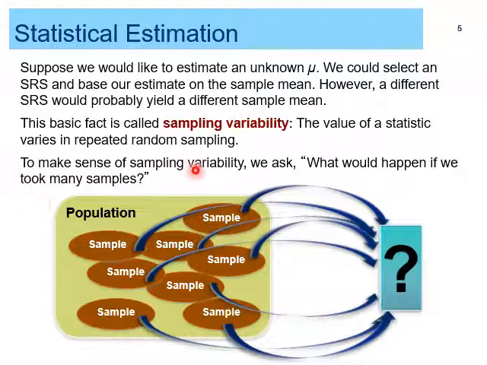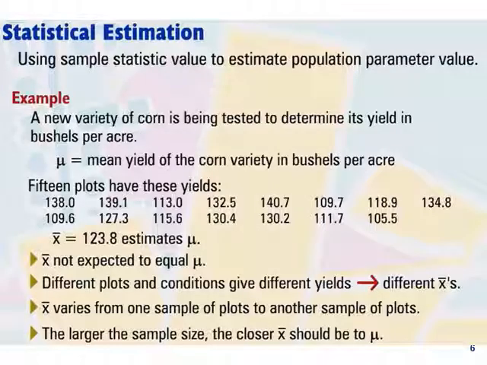To make sense of sampling variability, we ask what would happen if we took many samples. Here we will see an example. We earlier learned that using sample statistic values, we can estimate population parameter values. A statistic is any number that summarizes the result of the sample, whereas a parameter is any number that summarizes the result of the population.